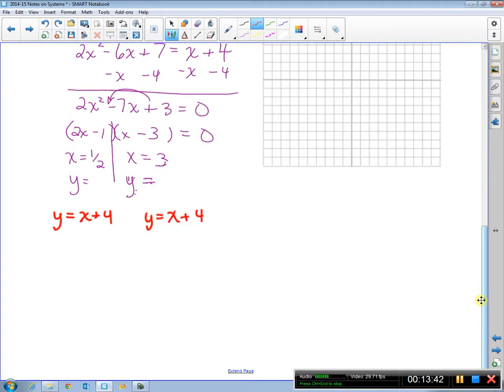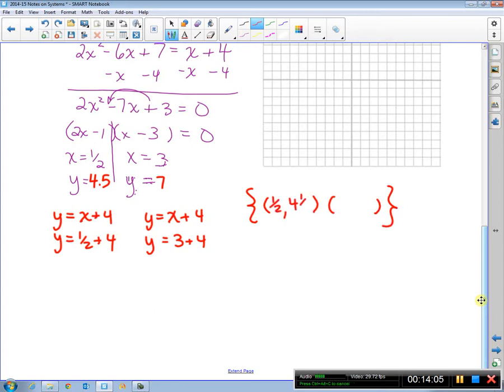Once I know the x, so 1/2 plus 4, I'll just put 4.5 or 9/2. And the other y value is 7. So it looks like we will have 2 points of intersection. 1/2, 4.5, and 3, 7.